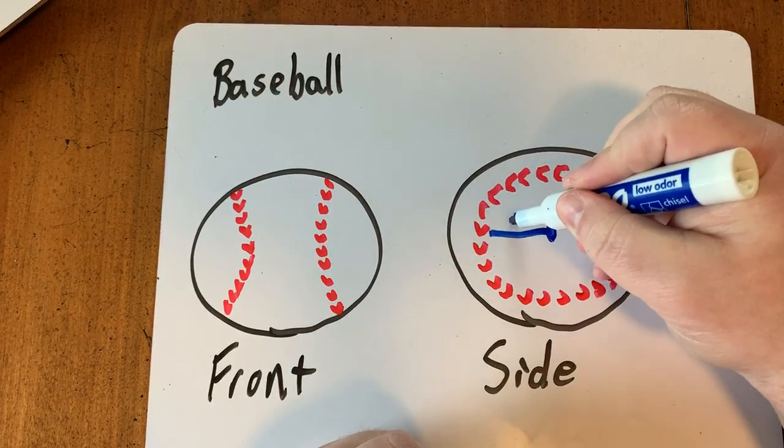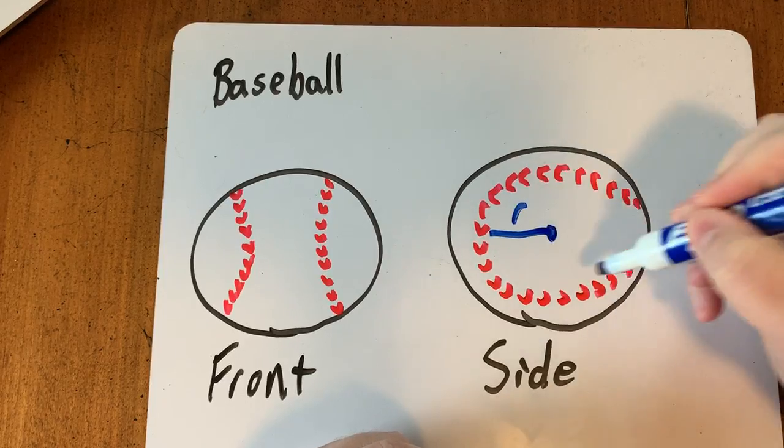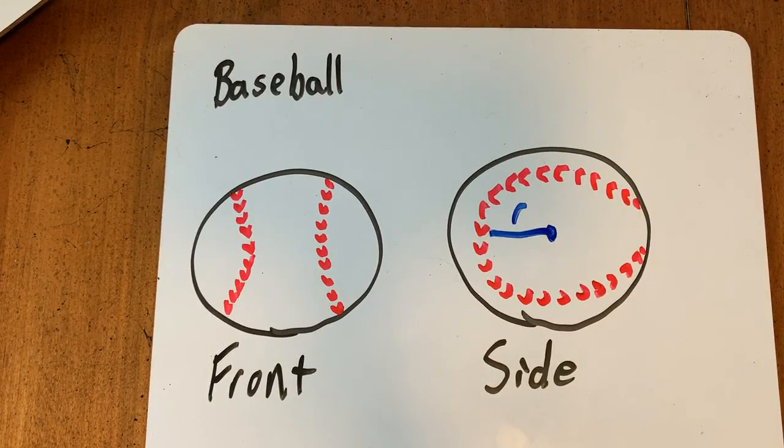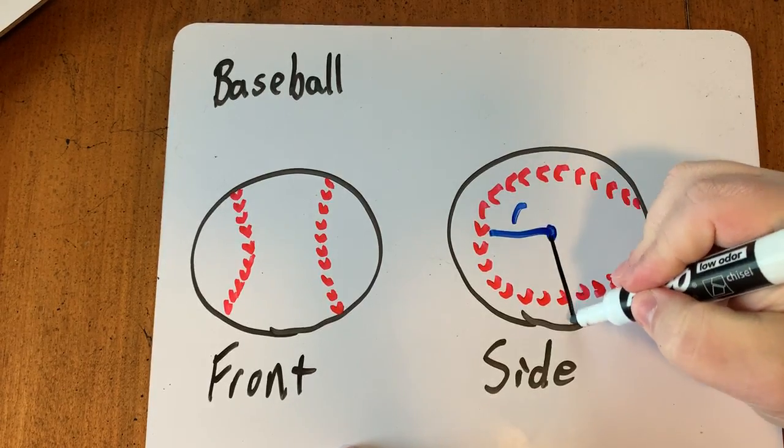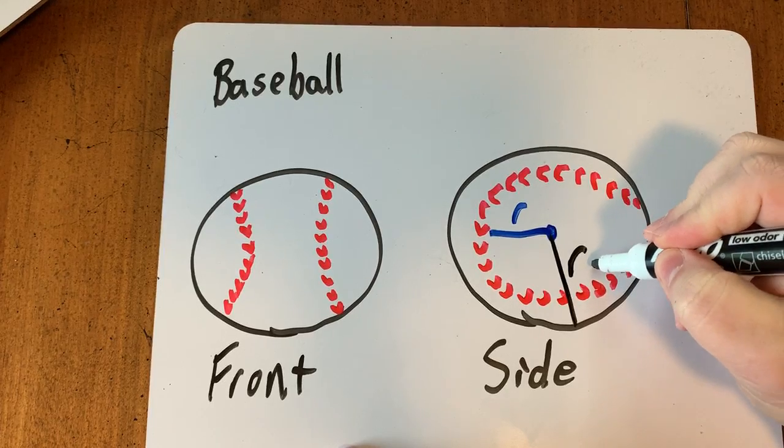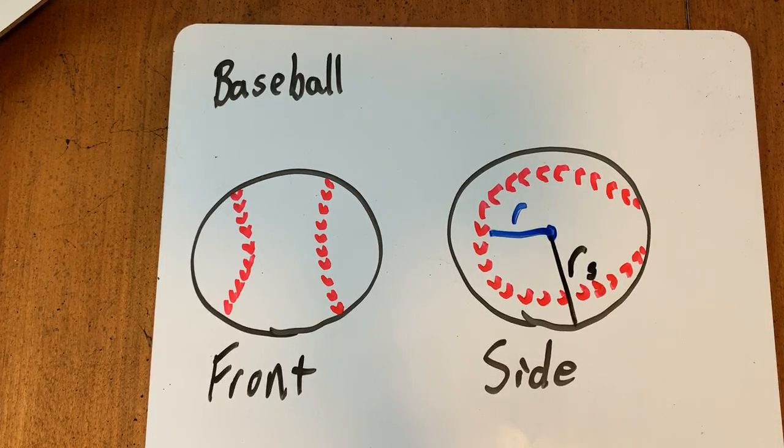So this would be the radius of that circle on the strip of leather, but that's not the radius of the sphere. The radius of the sphere is a little bit more than the radius on the strip of leather.